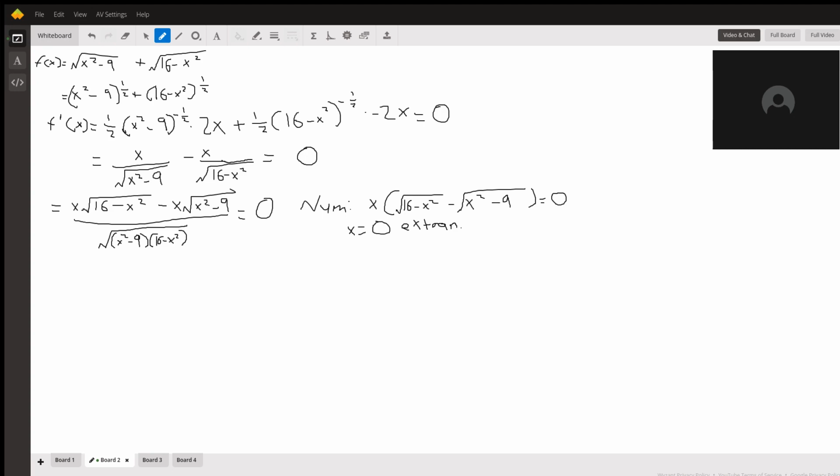Sorry, negative 3.9 divided by the square root of 3.9 squared minus 9, plus 3.9 divided by the square root of 16 minus 3.9 squared.